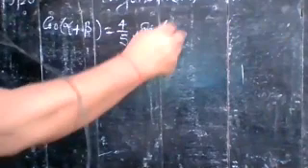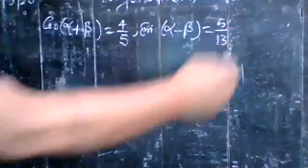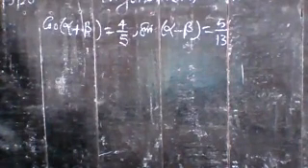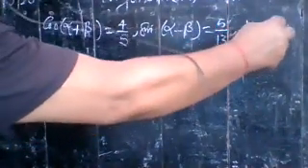Yes, note it. If cos alpha plus beta is equal to 4 upon 5, and sine alpha minus beta is equal to 5 upon 13, where alpha and beta lie between 0 and pi by 4, find the value of tan 2 alpha.